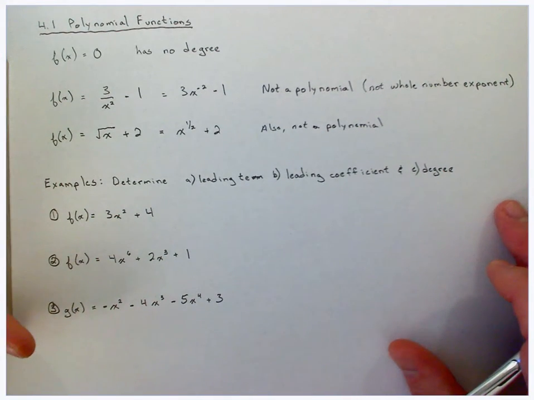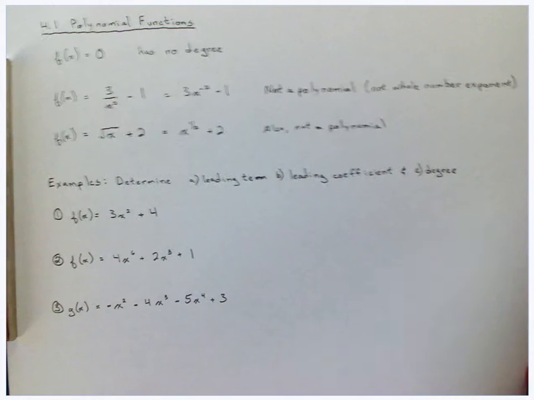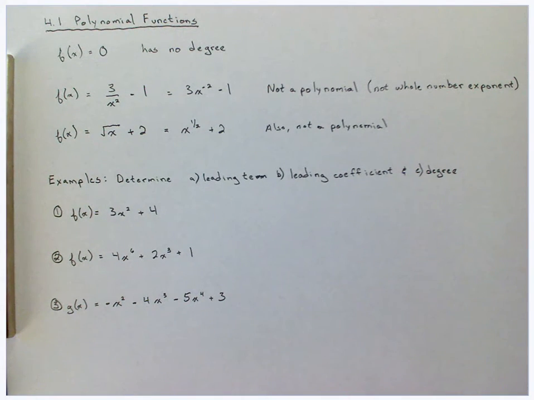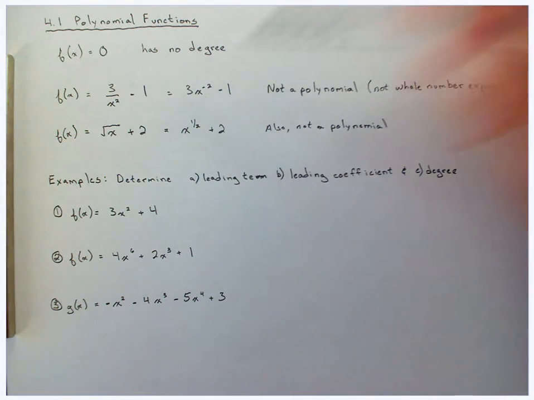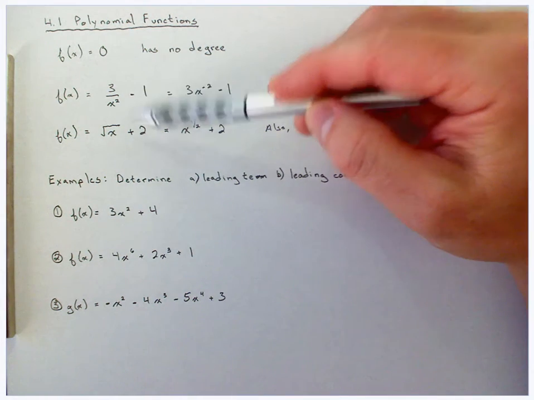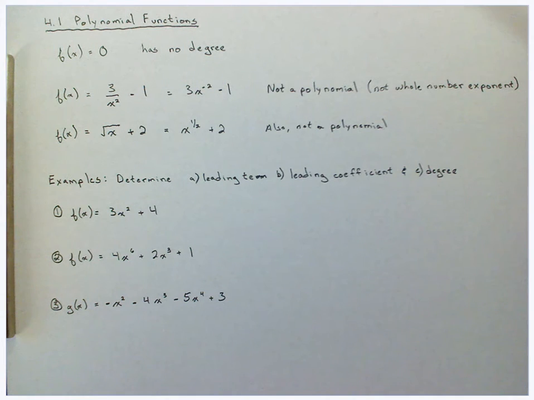So, some things, those little rules, how things work out. For polynomial functions, whenever you have f of x equals 0, it has no degree. And remember, I told you some functions are not polynomials, and we had the guidelines that the coefficients had to be real numbers and our exponents had to be whole numbers. Well, the primary examples you're going to look at, from what we did with rational functions and radical functions, are not considered per se polynomials.